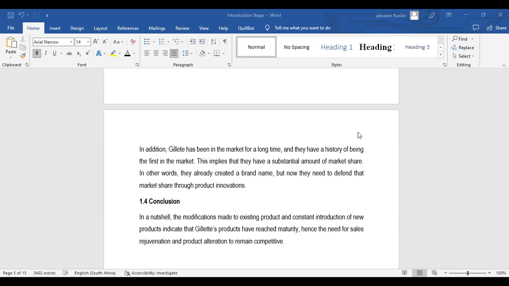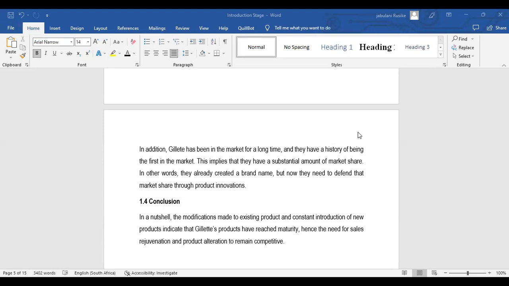No, I think there are marks that come through because of explaining the concept, because you are actually trying to let the reader know that you know what you're talking about. And also by elaborating on the different stages, you are setting a baseline or a foundation to be able to identify the characteristics that Gillette is in.